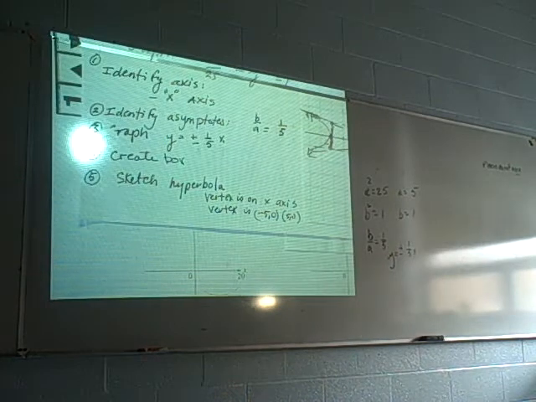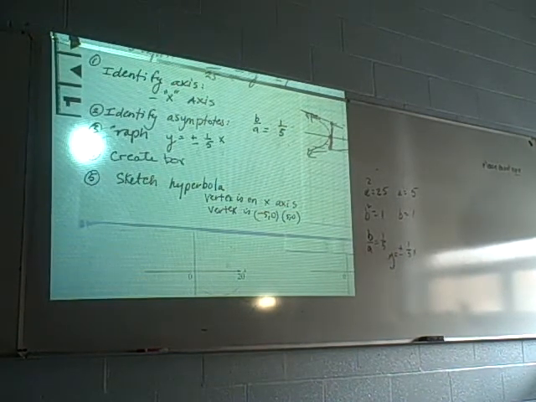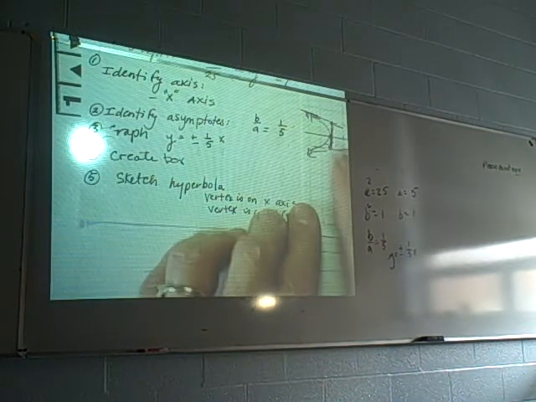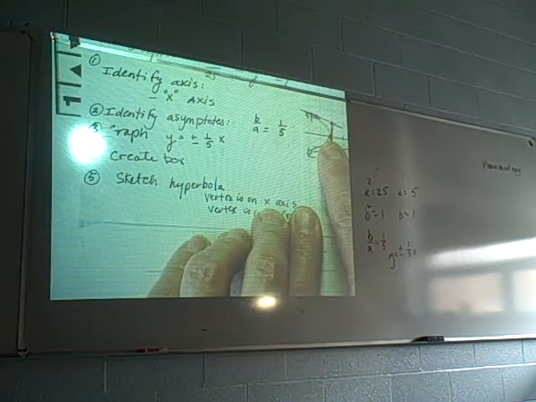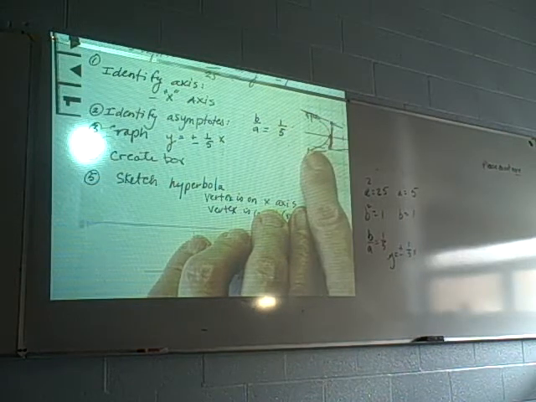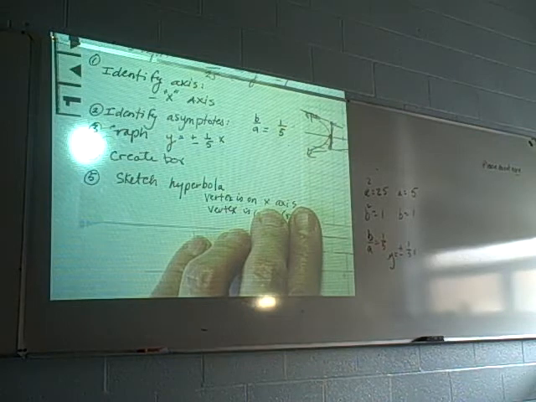Do you have to sketch a box, or can you just connect the two dots on the asymptote? Well, you're creating a box because this is telling you where the vertex is going to touch the x-axis. And then this is just guiding the shape of the hyperbolas.